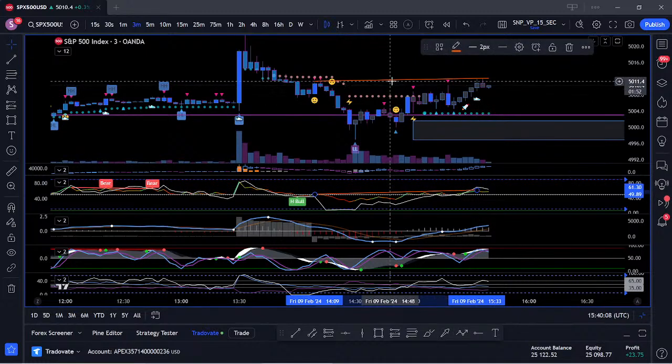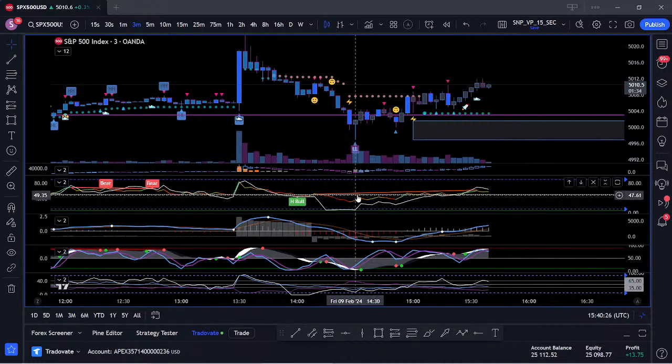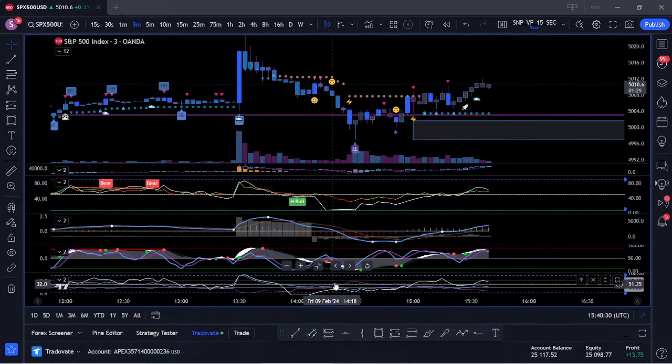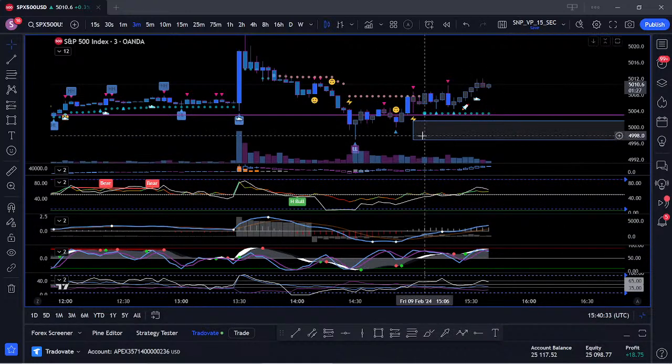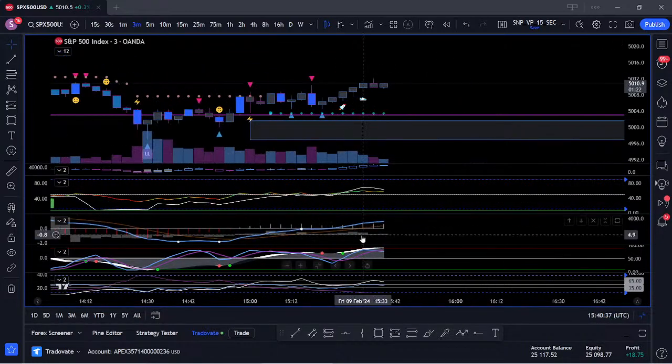So it's a genuine push, a genuine price action matching with the MFI, which is the volume. Remember, MFI is the way to verify the volume. TSV is positive. That's all we need to know.